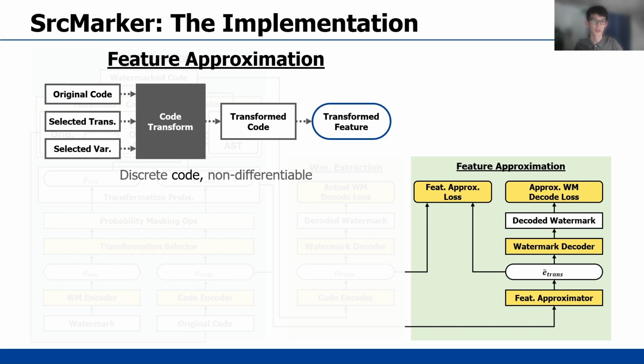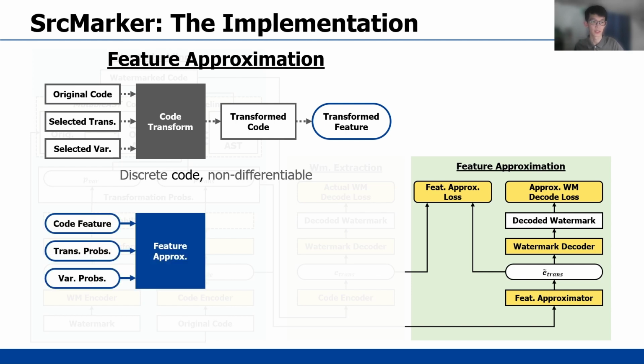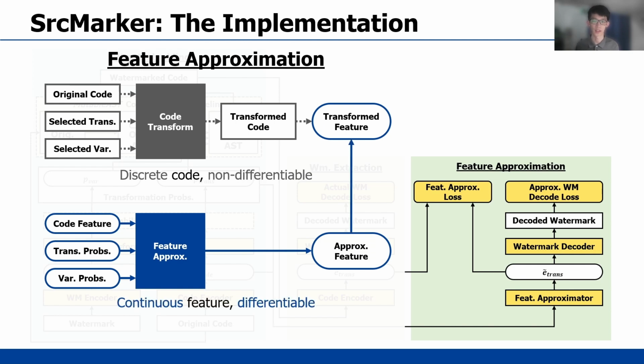And any changes made to the code itself will eventually be reflected by some corresponding changes in this feature vector. And based on this idea, the approximation module uses the original code's feature and the selected transformations to produce an approximated version of the transformed code's feature. This approximated feature could then be used as a differentiable substitute for the transformed code's feature.